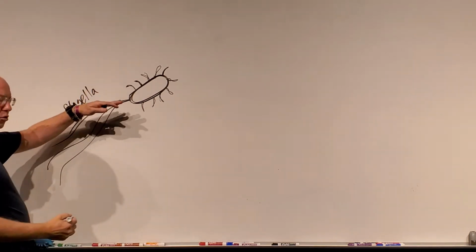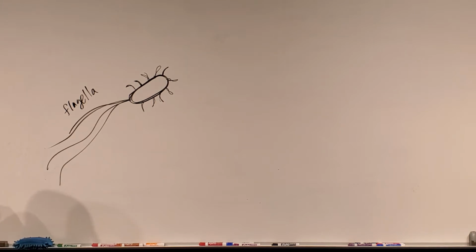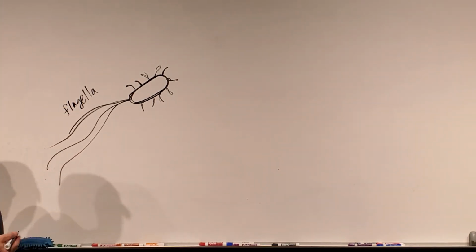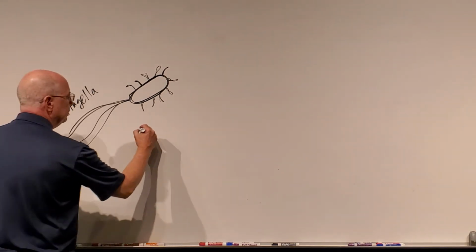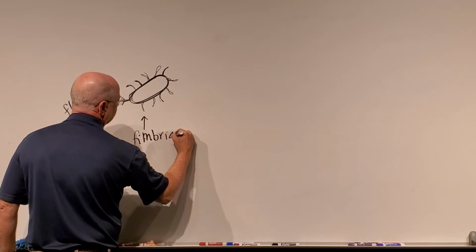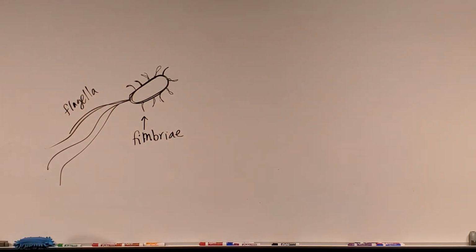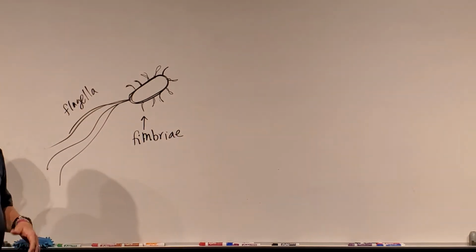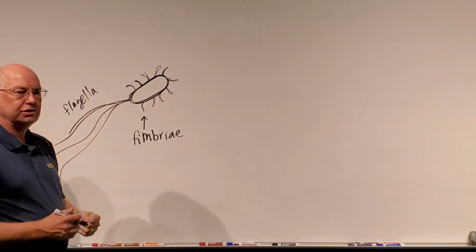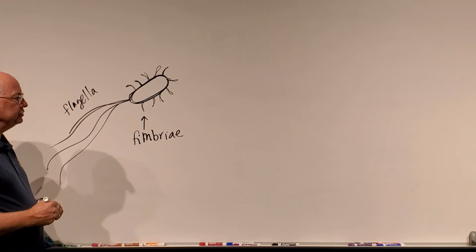Flagella are long whip-like tails that are made out of protein that can whip around and allow for what we call motility, allow them to swim around. Some of these other structures that are shorter can be called a fimbria, or fimbriae for plural. And fimbriae are smaller hair-like structures that allow the bacteria to attach to other cells and sometimes cause some problems.